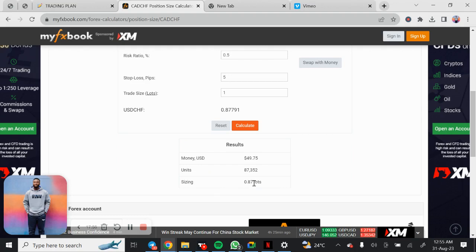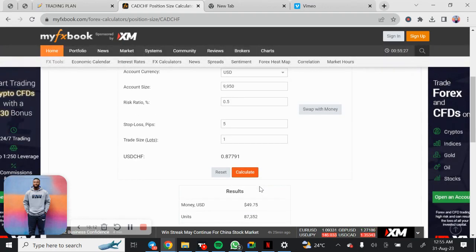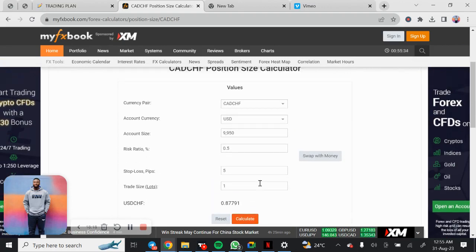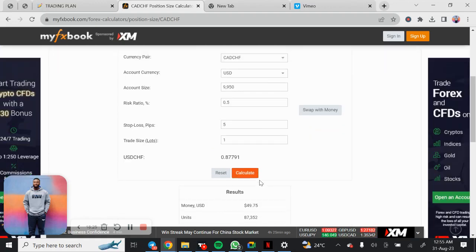So if you're risking this and the trade goes in your favor, 49.75 multiplied by 5R, you are going to gain $248.75 in profit. You are still risking the same amount over and over again. So regardless of how bad a trading day or trading week you are having, just keep it consistent.